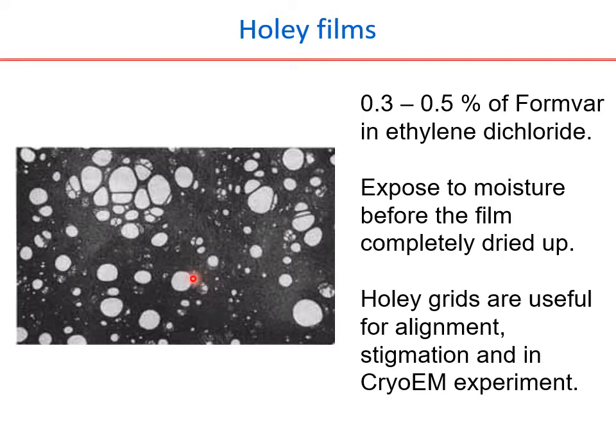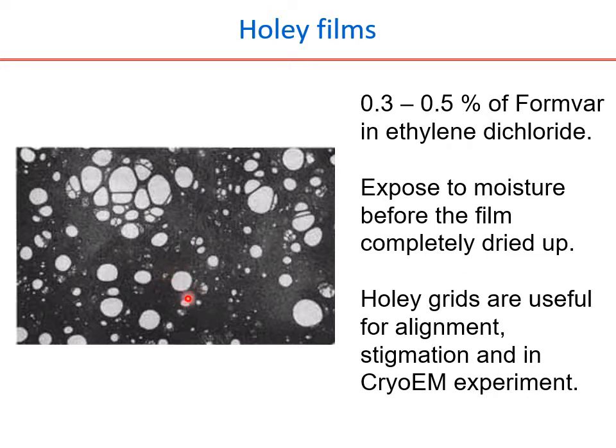If you remember, FFT will show us the diffraction rings. If you don't want to just depend on the diffraction rings, and if you want to just look at the view of the microscope and then decide whether the stigmation is done properly or not, this Holey film will be helpful to us. In such a case, just look at any hole of considerable size, and if there is astigmatism present, the fringe around it will be asymmetric.